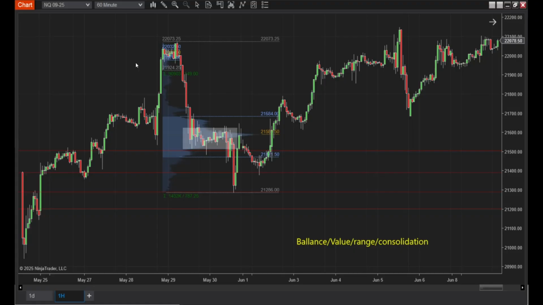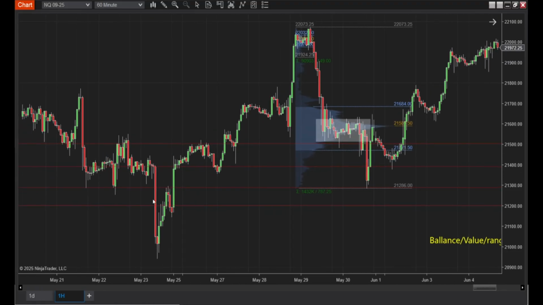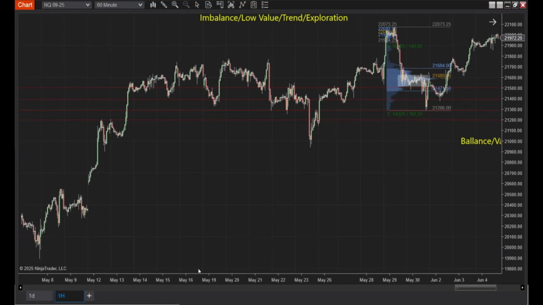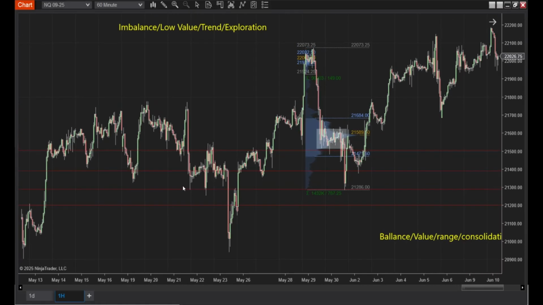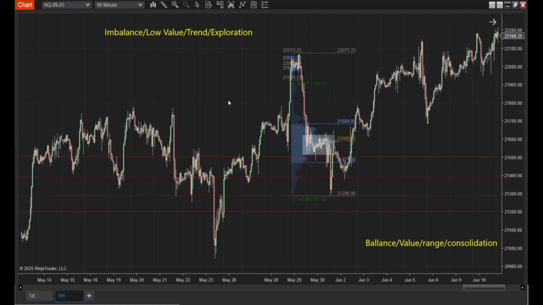When I was able to understand that they all pretty much meant the same thing, coming into market auction theory, you want to find value. Value is going to be within these value areas.